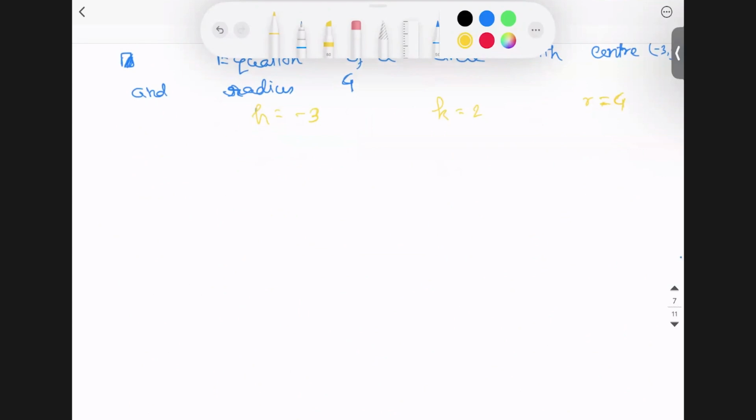Then if I put these values in the equation, what will I get? You will get (x plus 3) whole square plus (y minus 2) whole square equal to 4 square. So this will give us (x plus 3) whole square plus (y minus 2) whole square equal to 16.